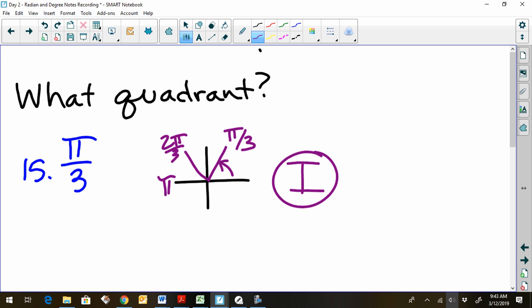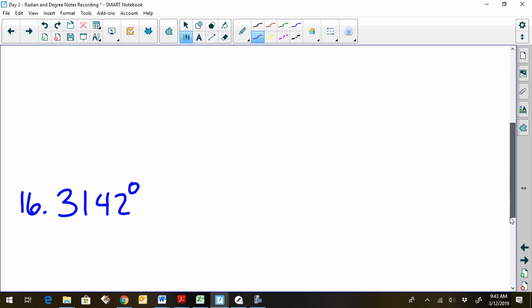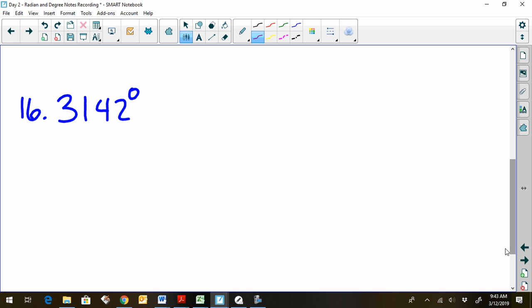And a reminder that we usually write these in Roman numerals. So then, what if we had a question like this one? What if we had 3,142 degrees? Well, what I want to do is find my coterminal angle that's between 0 and 360.